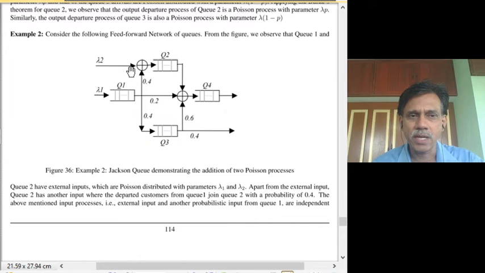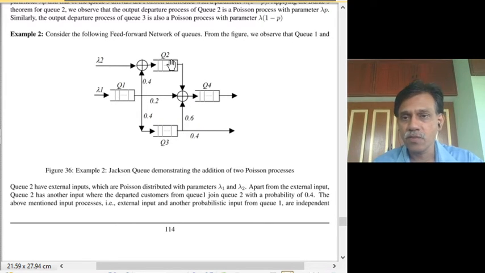So lambda 2 is the external arrival to Q2. The probability with which a customer from Q1 goes to Q2 is 0.4. Similarly, with probability 0.4, a customer from Q1 goes to Q3, and with 0.2, the customer from Q1 goes to Q4.